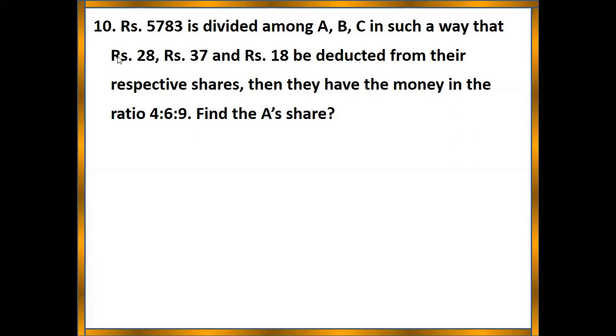But from their original shares, 28 rupees is deducted from the first person, 37 is deducted from the second person, and 18 is deducted from the third person. Then the money left with them is in the ratio 4:6:9. Then find the A share.